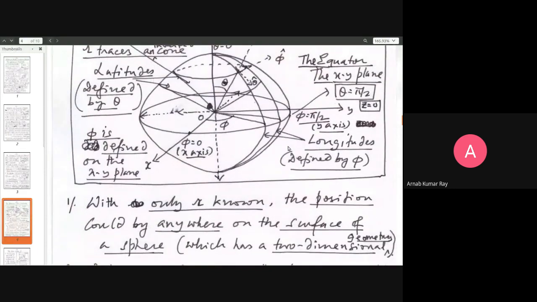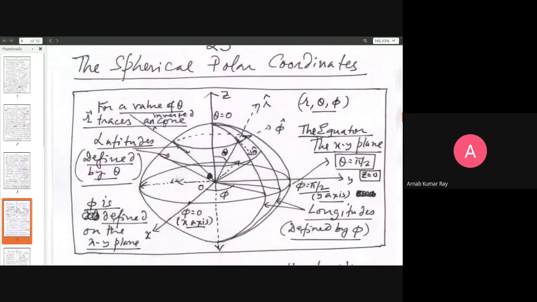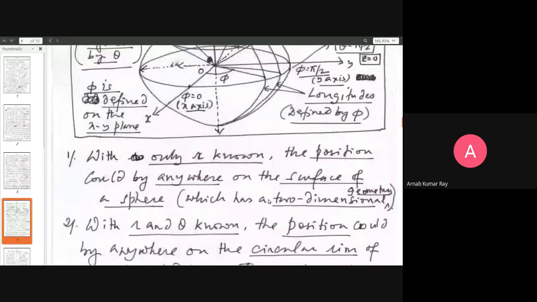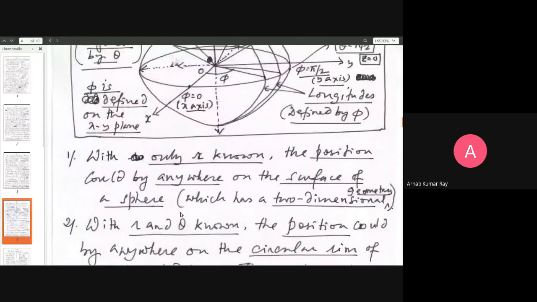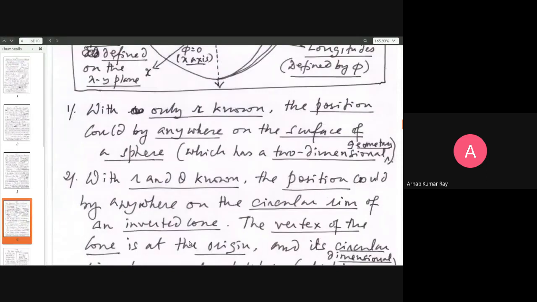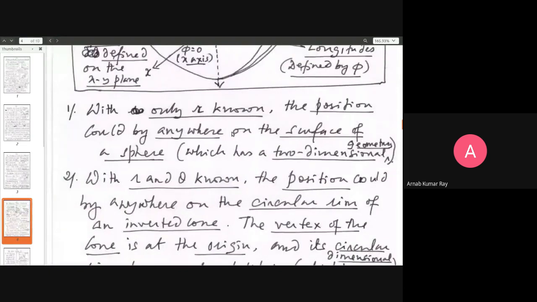Now, I will briefly mention a few points that we discussed. With only r known, the position could be anywhere on the surface of a sphere, which has a two-dimensional geometry. Knowing both r and theta, the position could be anywhere on the circular rim of an inverted cone, depending on the value of theta.